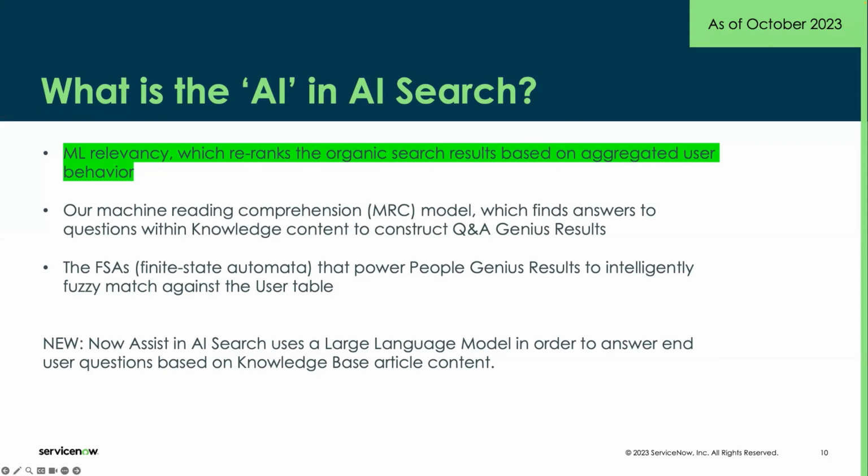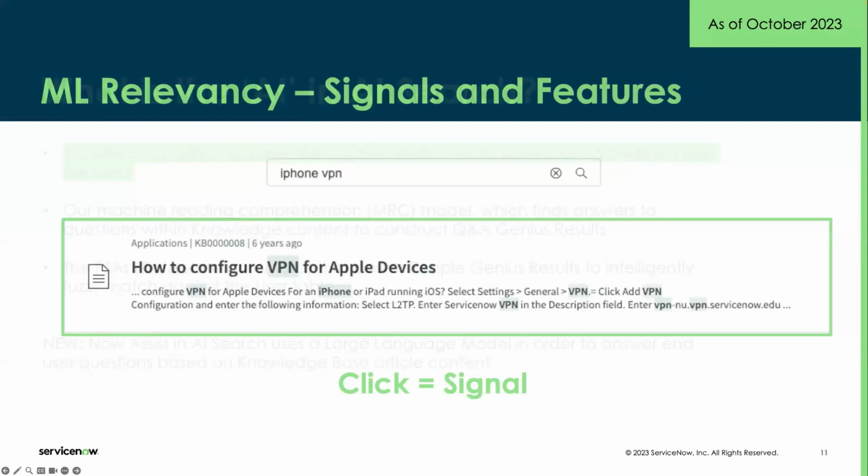The aggregated user behavior is basically our clicks. Our clicks, in aggregate, are the goal to understand what users are finding helpful. A click for us is a signal or an indication that we've done something right for this search result specifically.